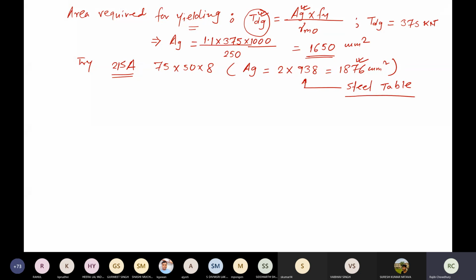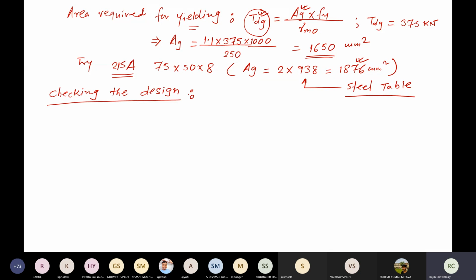Now what else? Has the design finished? Not yet. What I am going to do is check the design.